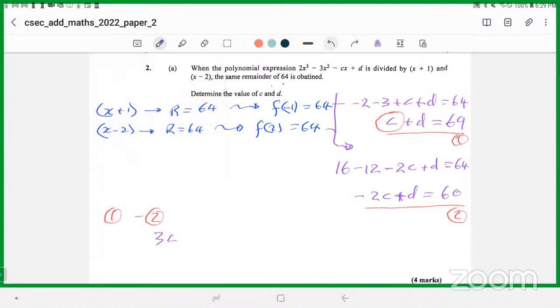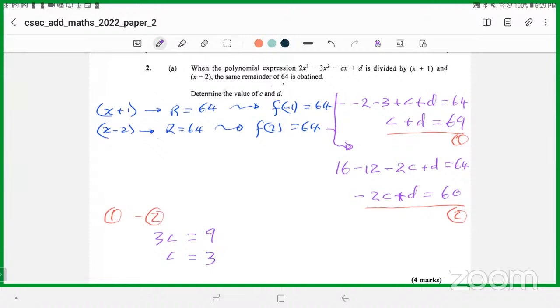Then it's going to be d minus d. D is eliminated. So this is equal to 69 minus 60, which becomes 9. So it means that 3c is equal to 9. And I subtract the two equations. Divide both sides by 3, c equals 3.